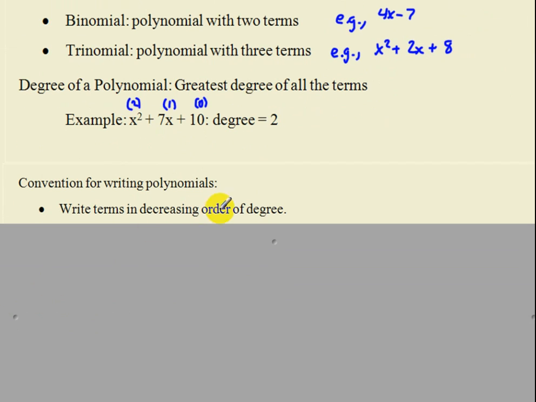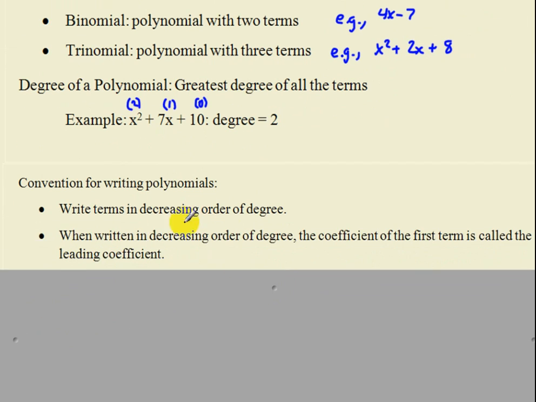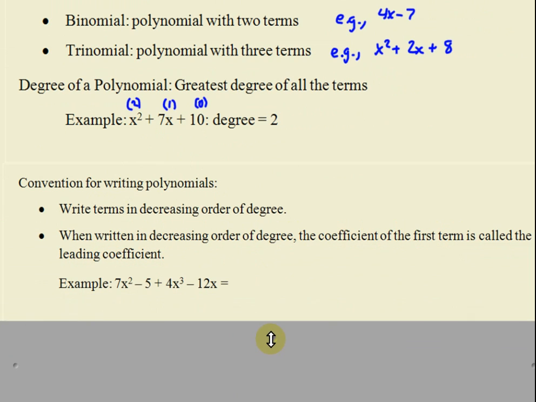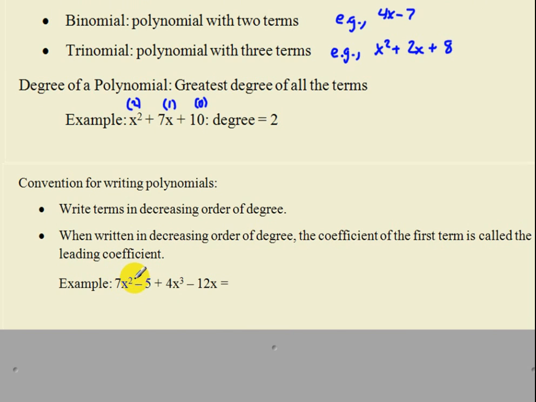Speaking of which, here it is. Our convention is to write the terms in decreasing order of degree, and then when we write in that way, the coefficient of the first term is called the leading coefficient. So in our example here, 7x squared minus 5 plus 4x cubed minus 12x. We want to rewrite that so that we have the greatest degree first. So here we have degree 2, degree 0, degree 3, and degree 1.